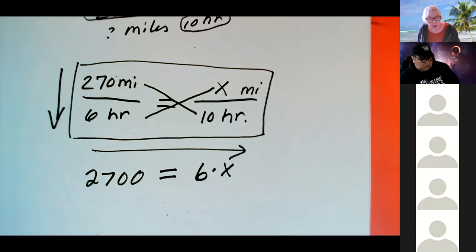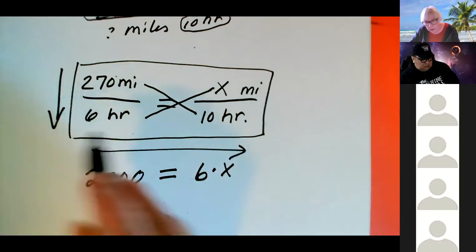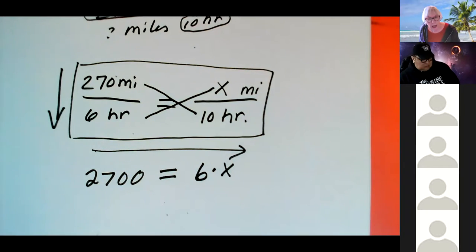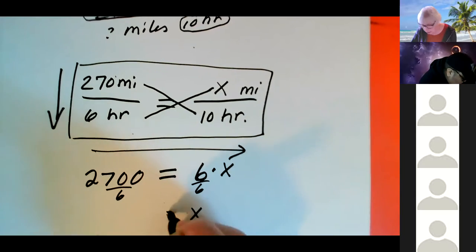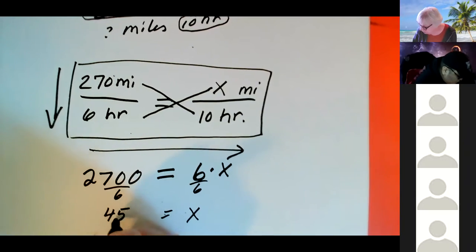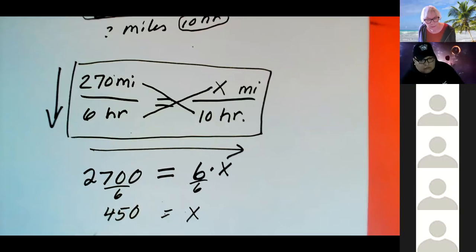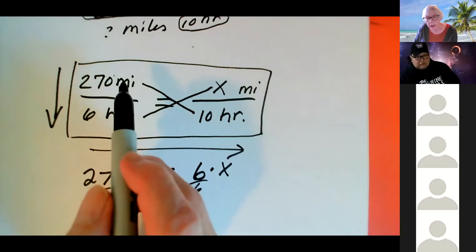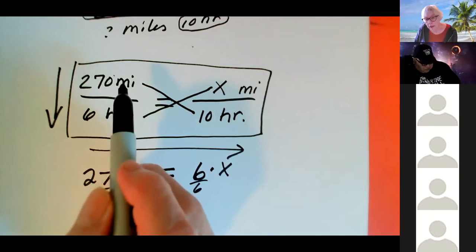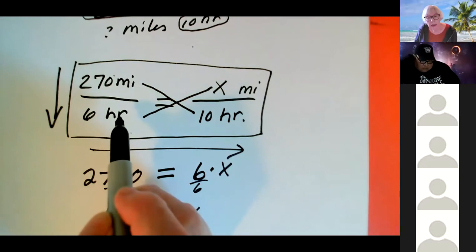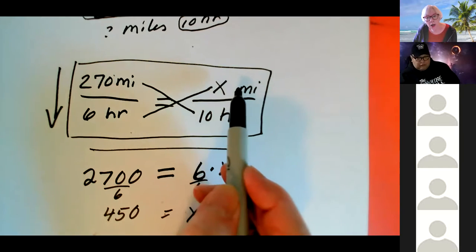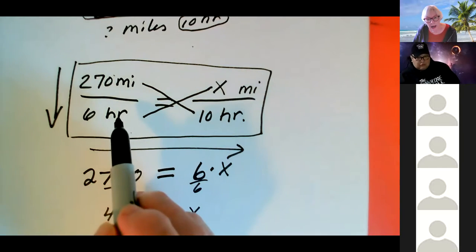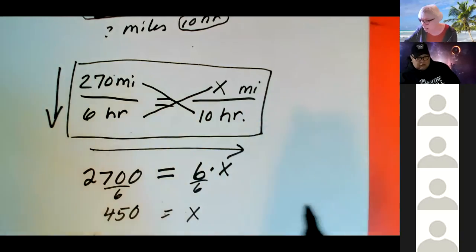This is one of the good setups because I did it with that strict structure. And so then you would just divide by 6 and divide by 6. And I think it was what, 450 was the answer. Okay. So the whole thing about this is I think it helps to label the different numbers so that you make them match. So I have miles here and straight across miles here. I have hours here and straight across I have hours.